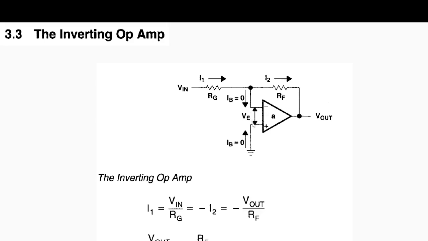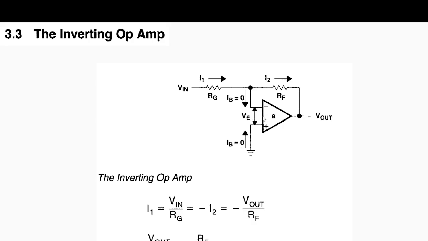Because the offset voltage here is 0, the IB current going in here has to equal the current on the non-inverting input side. The direction is opposite because in node analysis, the current coming into a node has to equal the current going out. So that is the direction of the currents.